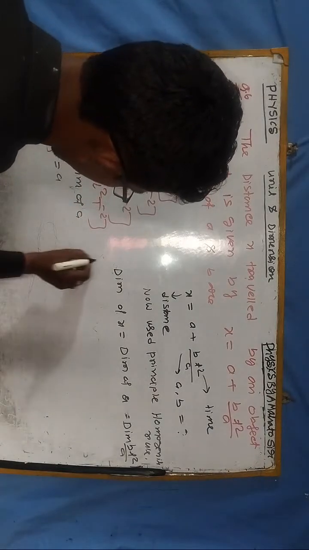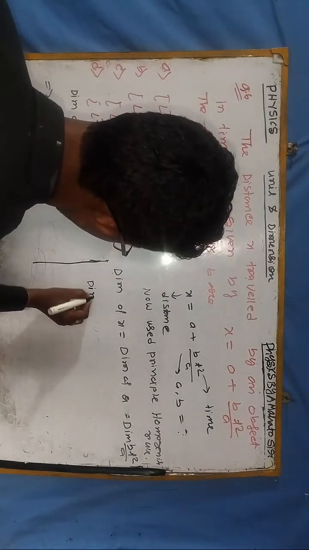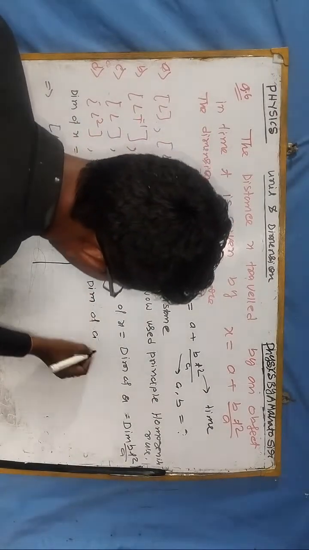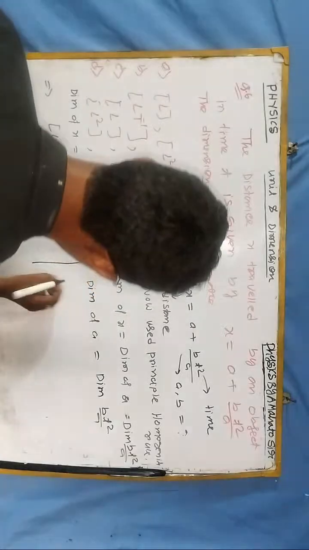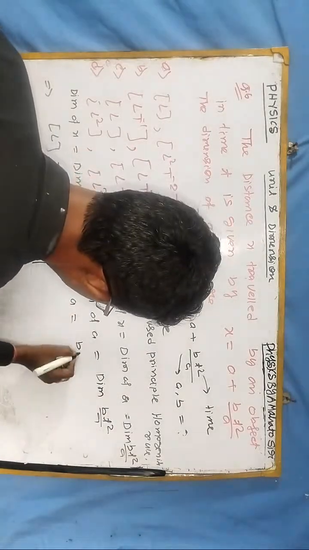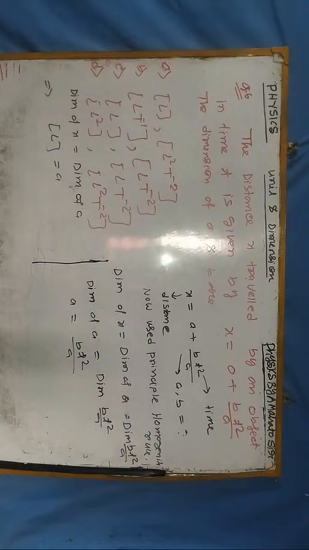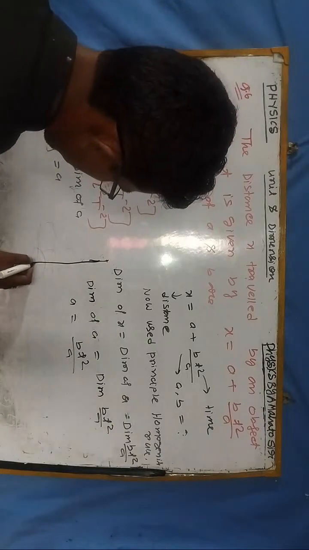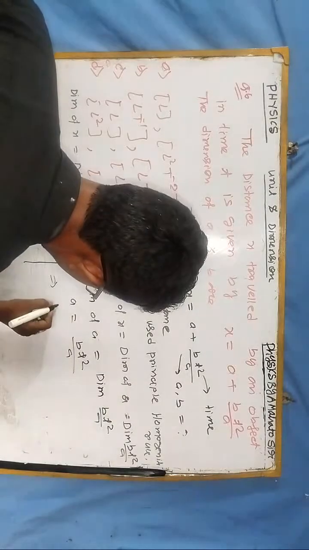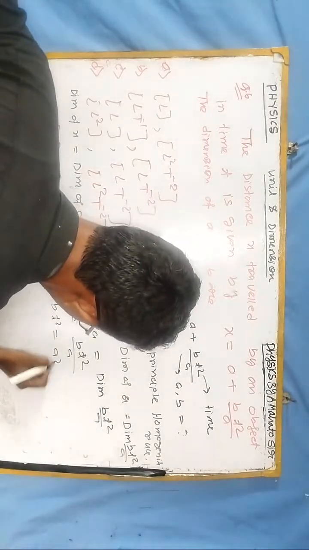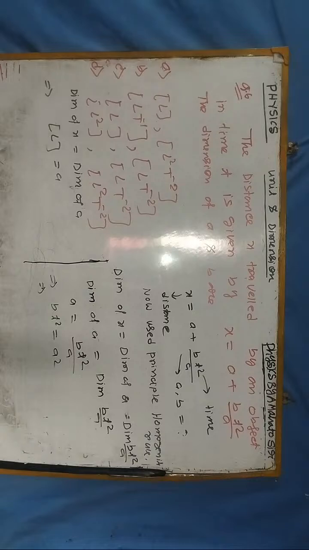Second, dimension of a equal to dimension of b t square by a. So b t square equal to a square.